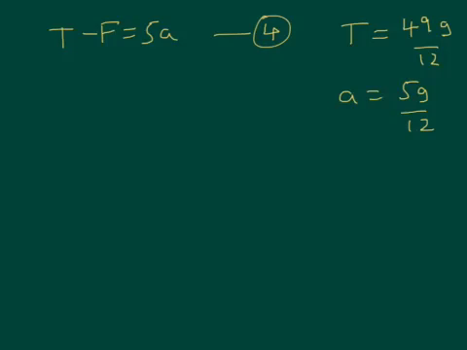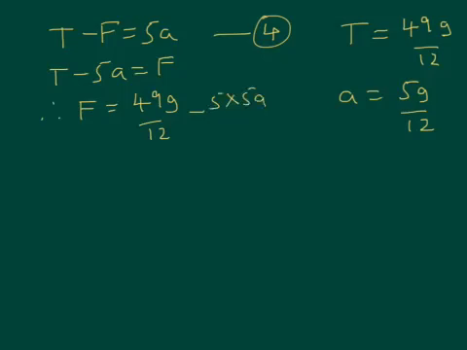So I can say that if I add F to both sides and take 5A from both sides, I get T minus 5A equals F. So therefore F is 49G over 12 minus 5A. It's not A, it's G, isn't it? So it's 49G over 12 minus 25G over 12, that's 24G over 12, which is 2G. So I now know what F is.